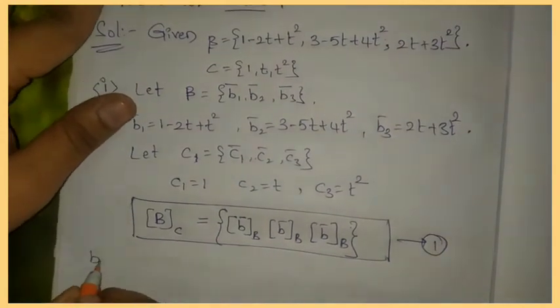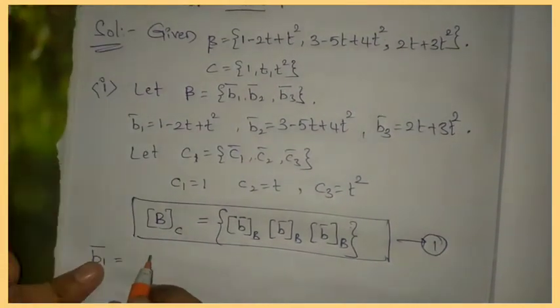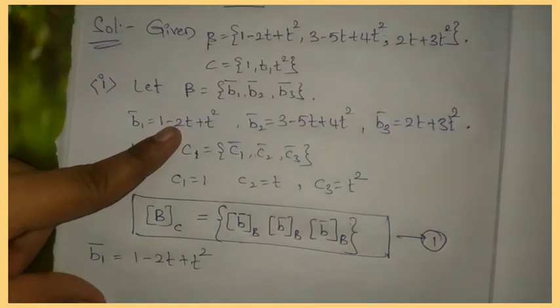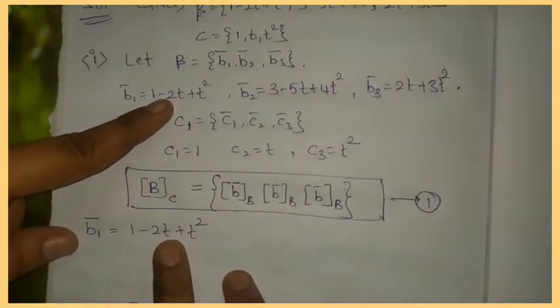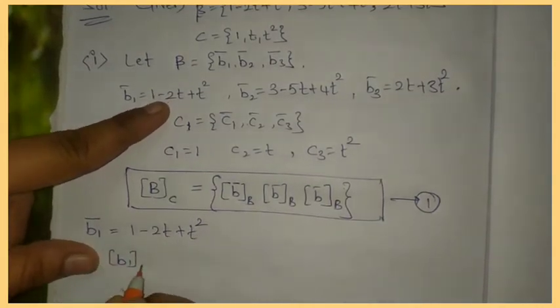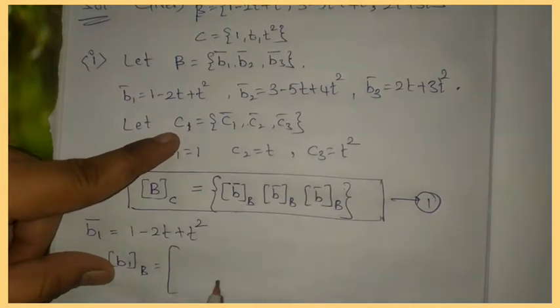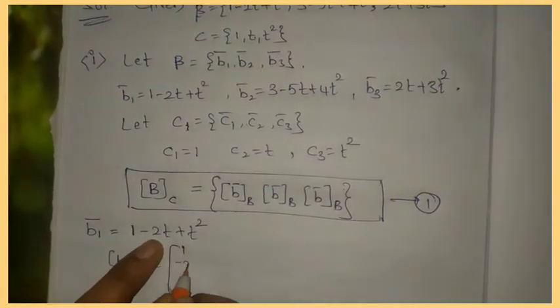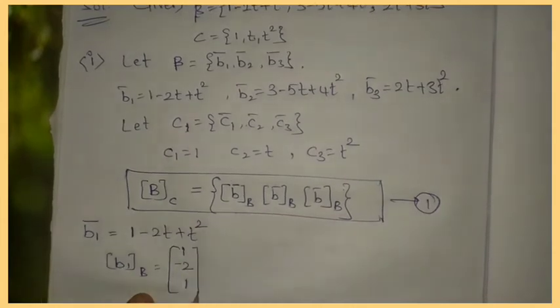First we will take b1 bar equal to 1 minus 2t plus t square. If we change this to b1 bar relative to C, then it will be 1, and this minus 2 will be written here, and this 1 will be written here.